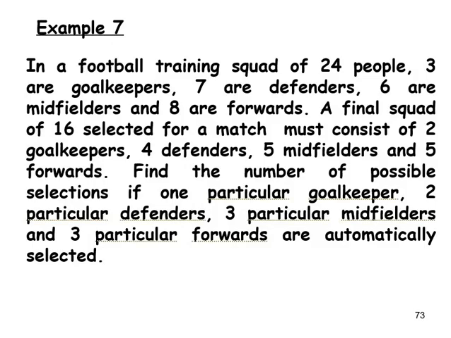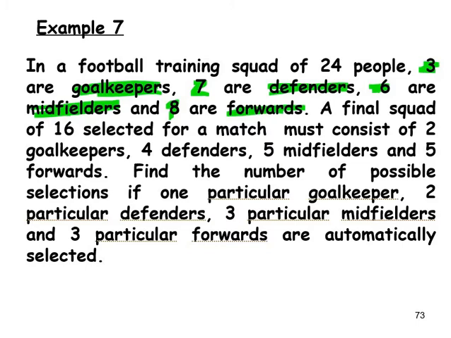Now let's move on to example 7. In a football training squad of 24 people, 3 are goalkeepers, 7 are defenders, 6 are midfielders, 8 are forwards.